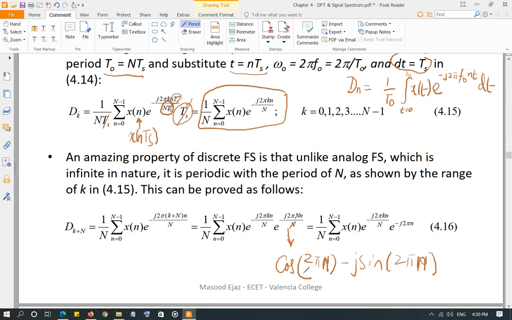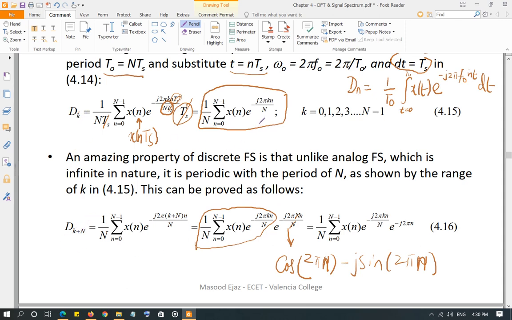2 pi times 1, 2 pi times 2, this is going to be multiple of 2 pi. What is cosine 2 pi n? It is 1. Cosine 0 is 1, cosine 2 pi is 1, cosine 6 pi is 1. What is sine 2 pi n? 0. Sine 0 is 0, sine 2 pi is 0, sine 4 pi is 0. That means this component is 1. So you are going to go ahead and get the same expression for dk plus n as you have for dk.